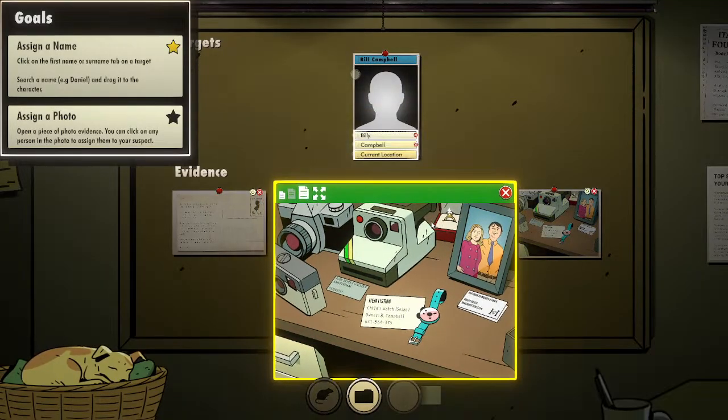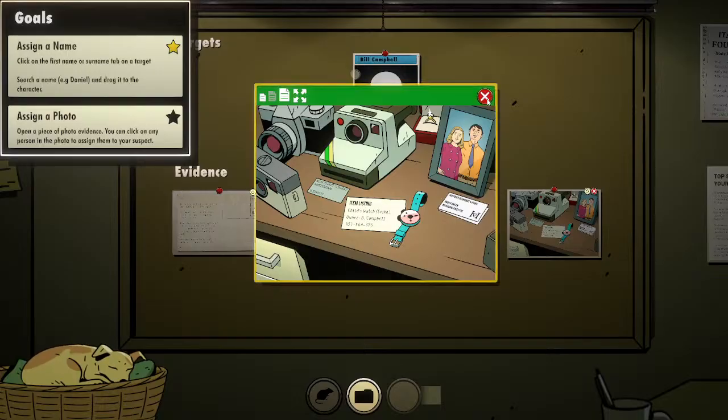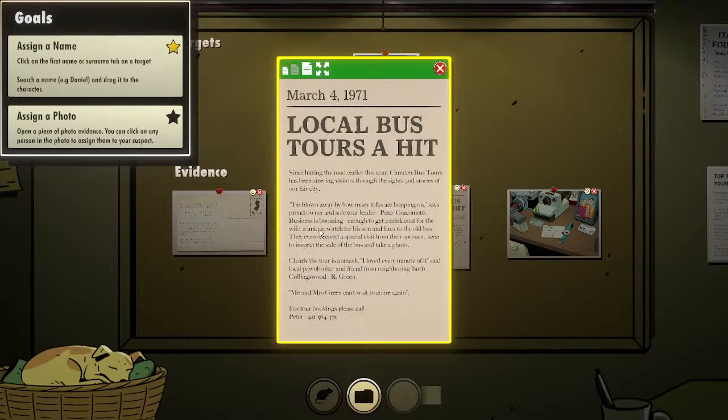So we're looking for the owner of the watch, which is B. Campbell. So I guess that's a financial listing because he's saying that he owns it. So whoever owns the watch is him. And we're saying he was able to buy his son an expensive watch. Wait, business is booming, enough for the wife, unique watch for his son.